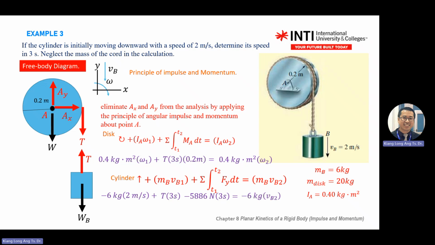That's why we use linear impulse and momentum. So MV is given. In this case, negative, because this one we assume go up positive.